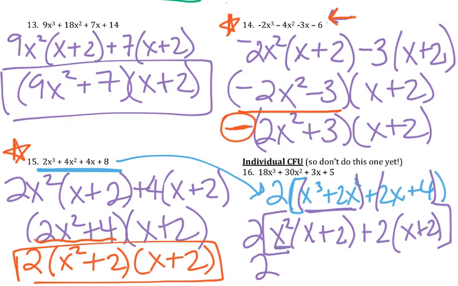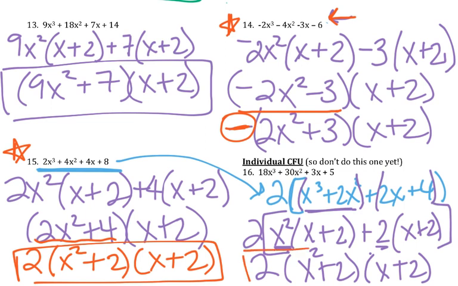Okay, now combine our x squared plus 2, and then your remaining factor is x plus 2. So that gets us to the same end result. So again, you could factor out a GCF of 2 right away and then finish factoring by grouping. Or you could factor by grouping first and then pull out a GCF from this first factor.